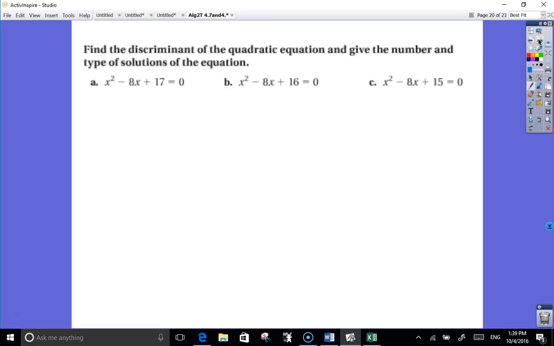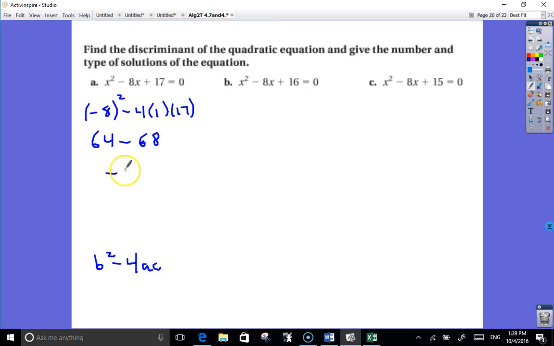Like here, for the first one, that would be negative 8 squared minus 4 times 1 times 17. Let me write it down here. b squared minus 4ac is 64 minus 68, which is negative 4. So based on the value of the discriminant, how many and what type of solutions would I get? Two imaginary, right? I'm taking the square root of a negative number, so that means two imaginary.